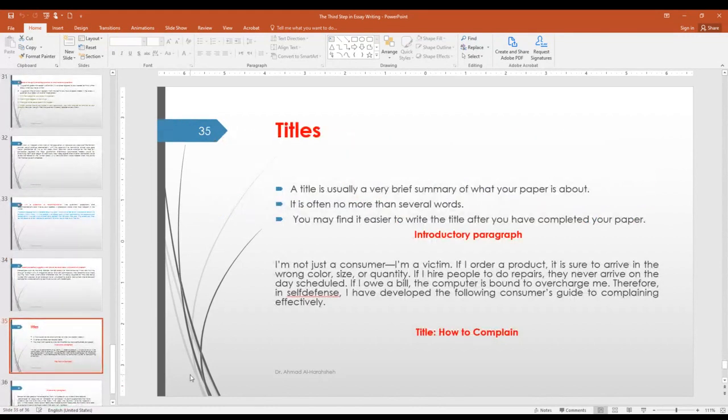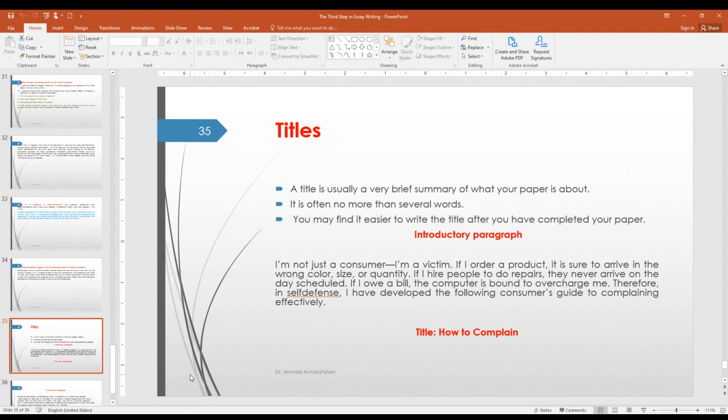Let's move to the last issue of this essay, which is the title of your essay. Now, every essay must have a title. For example: video games, the advantages of video games, the disadvantages of video games, the advantages of online shopping, the disadvantages of online shopping.